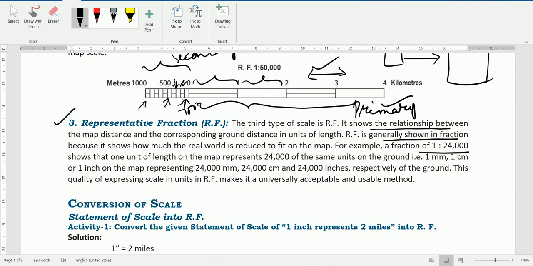Or say 1 millimeter or 1 centimeter or 1 inch on the map represents 24,000 millimeters or 24,000 centimeters or 24,000 inches respectively on the ground.